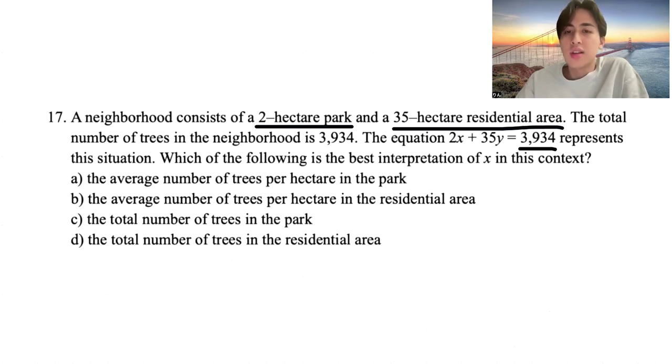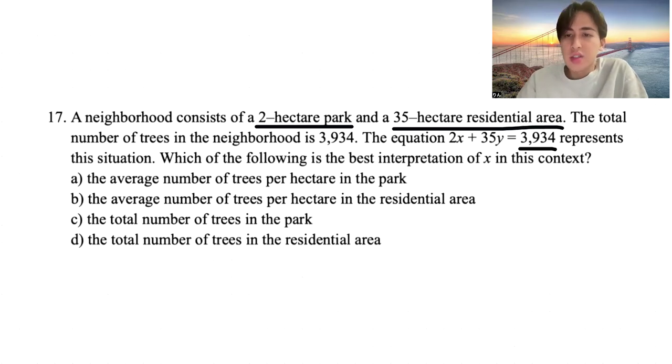In other words, x represents the average number of trees per hectare in the park, whereas the y represents the average number of trees per hectare in the residential area. Then that number is multiplied by the total number of hectares in that specific area, then added to the number of trees in the other area to get the total number of trees.